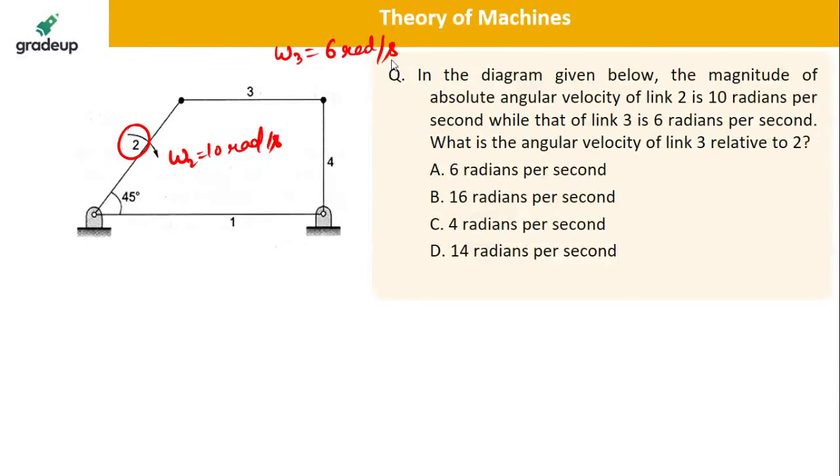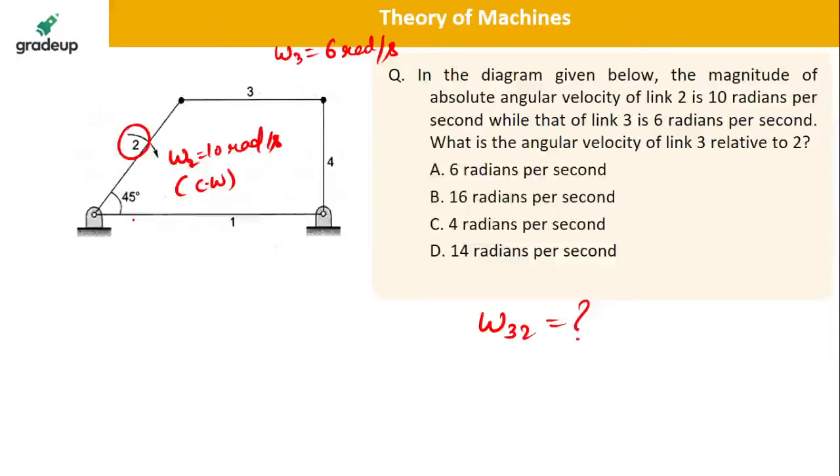What is the angular velocity of 3 with respect to 2, omega 3 with respect to 2? Omega 2 is rotating clockwise, as already given. Omega 3 has a direction too. Is it clockwise or anti-clockwise? We don't know. We have to calculate that first, then only we'll be able to get the answer.